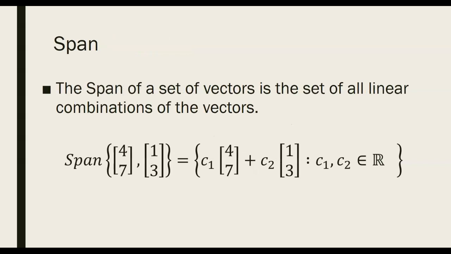In fact, there's going to be infinitely many vectors in the span of any set of vectors, so long as we don't have just the 0 vector there. So the span of a set of vectors is going to be a big group of vectors.